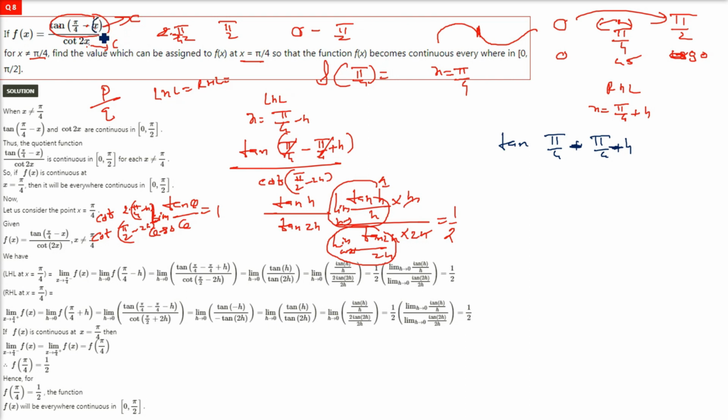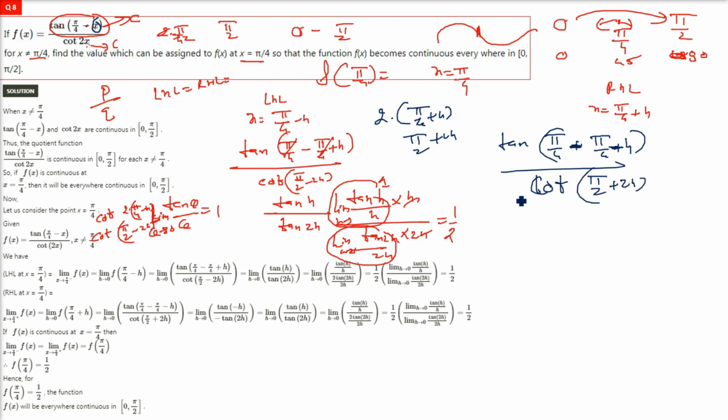And in the denominator, again we are going to replace this x by pi by 4 plus h. So what do you get? Cot 2 into pi by 4 plus h. So 2 into pi by 4 is pi by 2 plus 2h. So cot 90 plus theta, here it is going to come as negative. Cot 90 plus theta is minus tan theta.